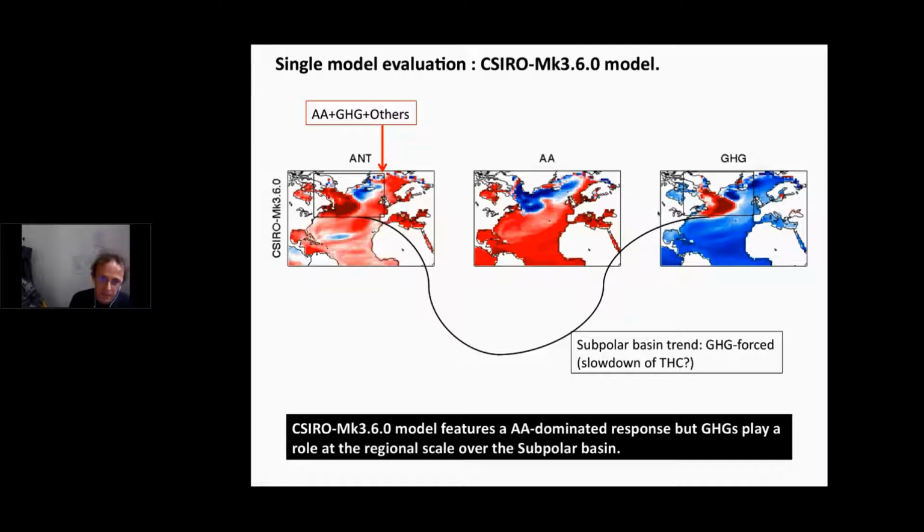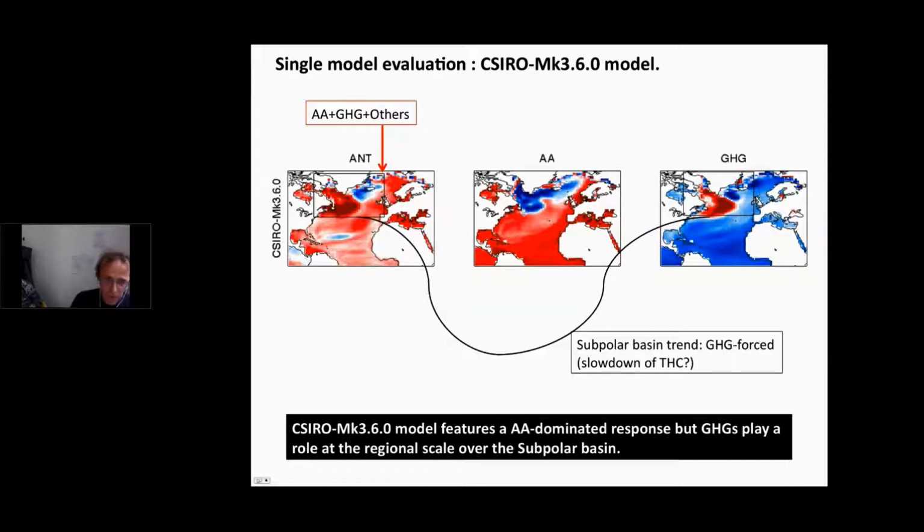So in this case, I picked one specific model, which is the Australian model, which has undergone the whole set of forcings, and the three panels show what happens if we force this model including both aerosols and greenhouse gas, what happens if we only use aerosols, and what happens if we use only greenhouse gases.